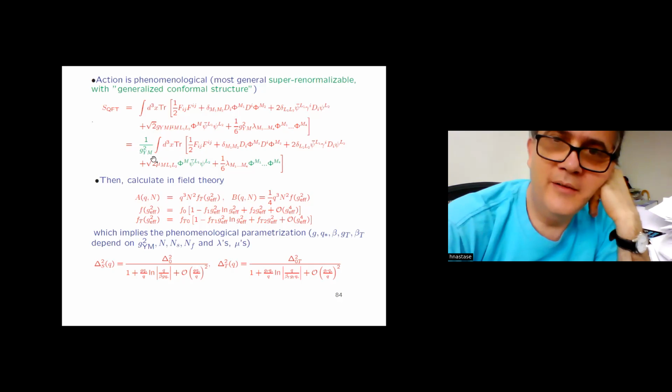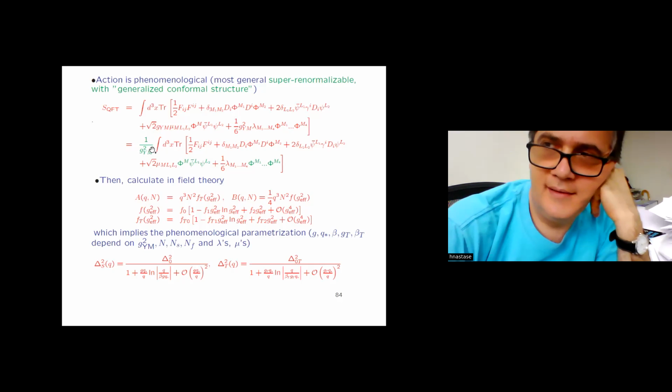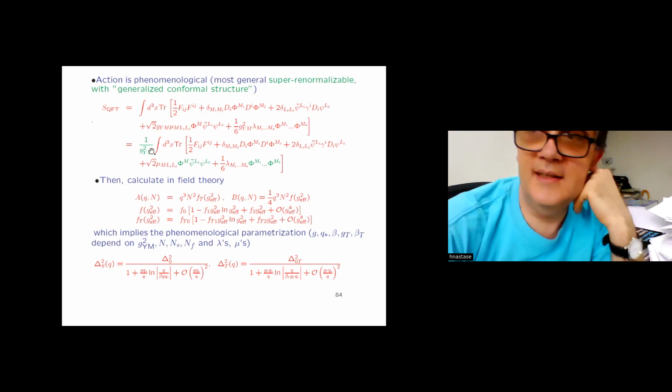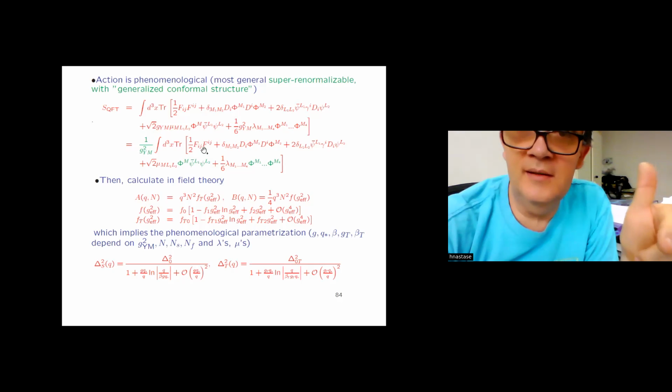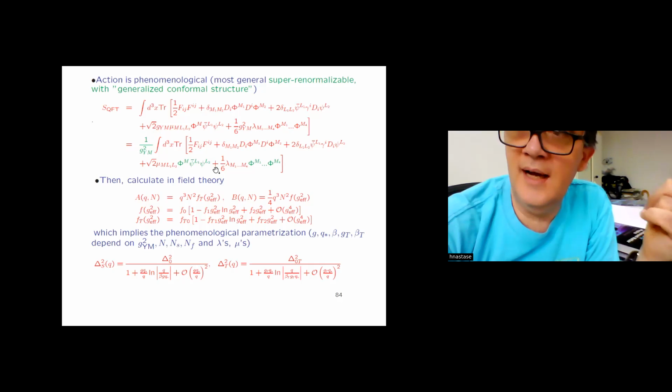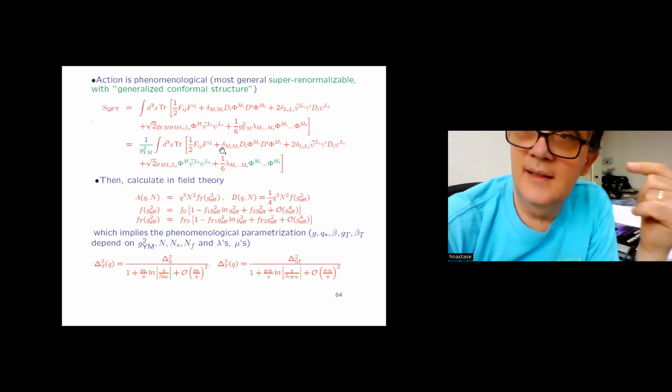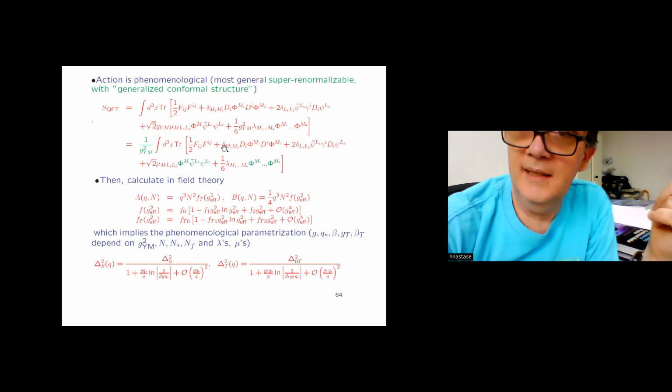And yet another way of thinking about it that is consistent with this is that if I would imagine this action as being derived from 4 dimensions by dimensional reduction, the 4-dimensional action would be conformal, right?